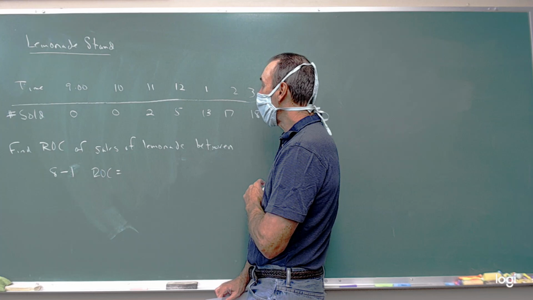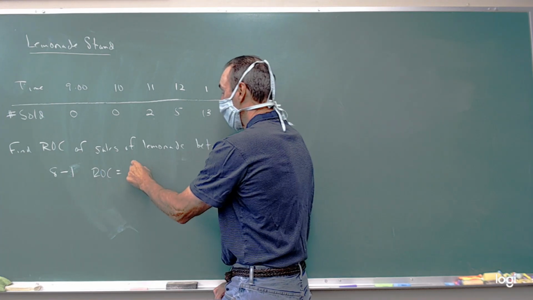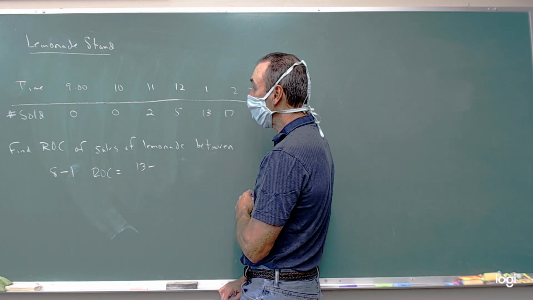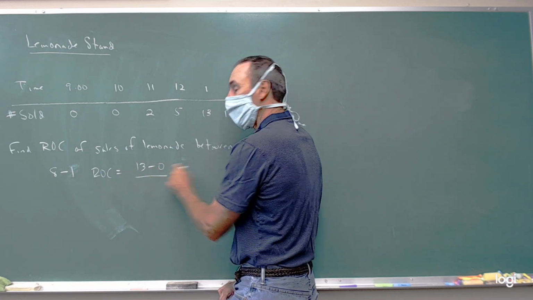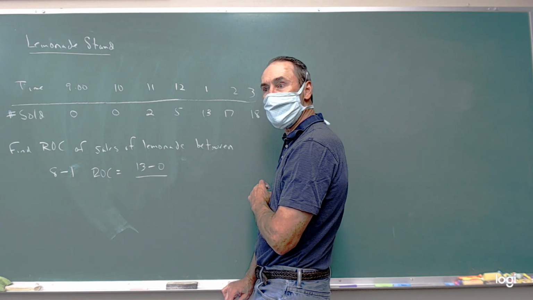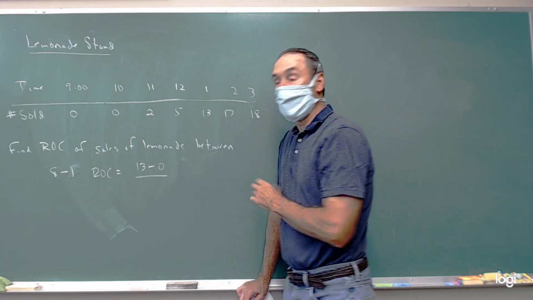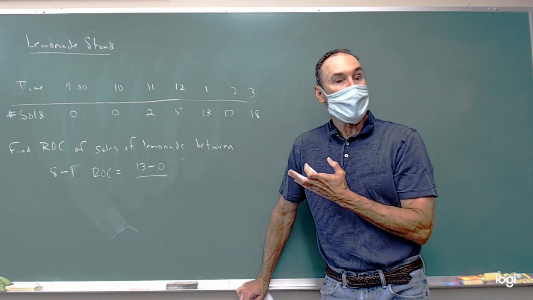So the change in y: at 1, we had 13, right? Minus at 8, we had 0. And so then do I just go 1 minus 8? No. It's not going to work, right? Because our time is kind of goofy here, because of the way we count time.